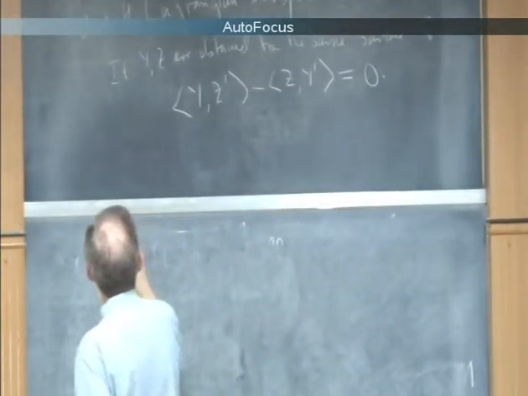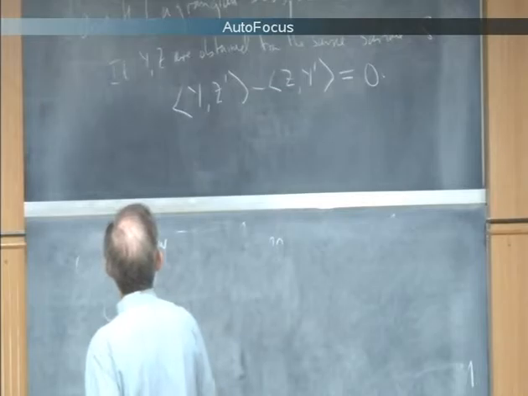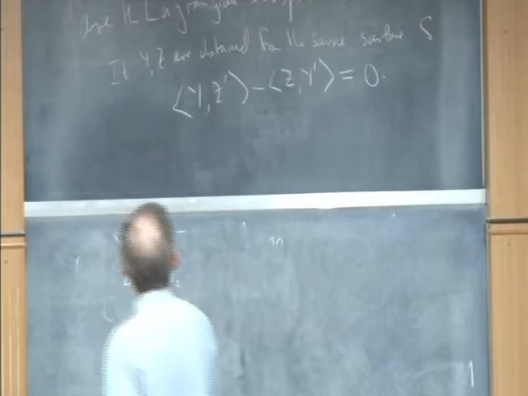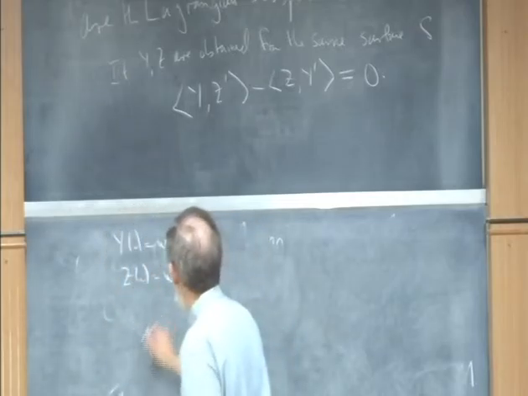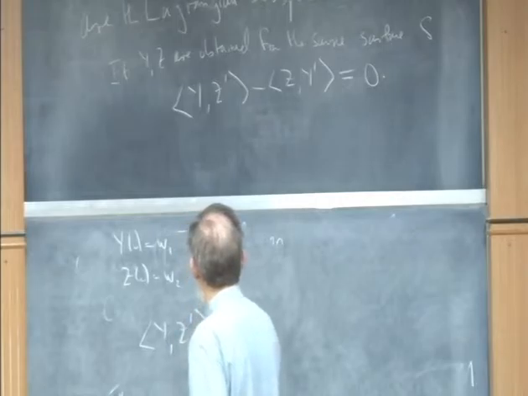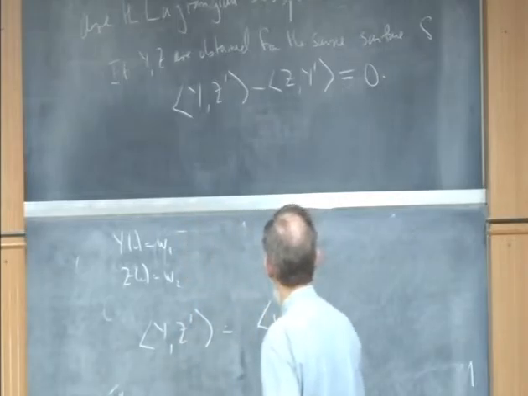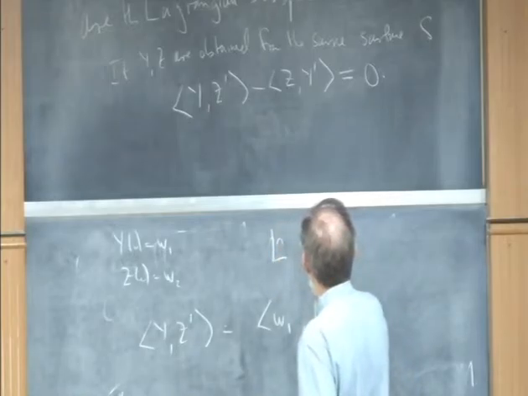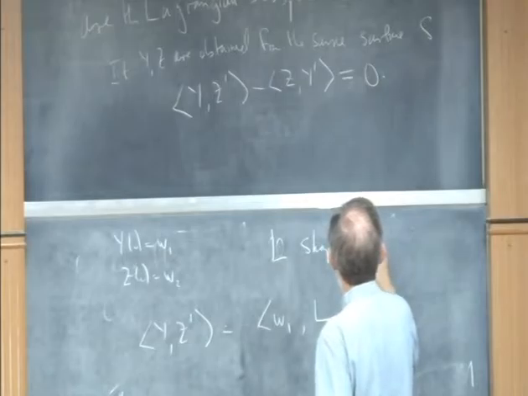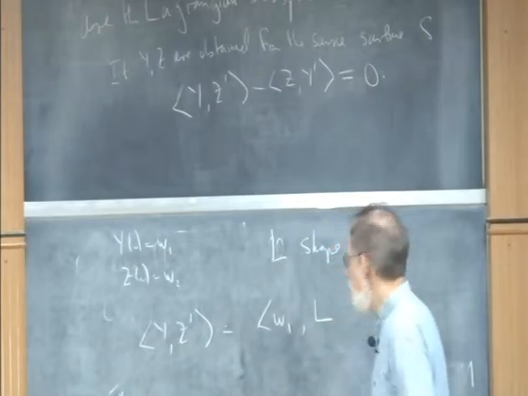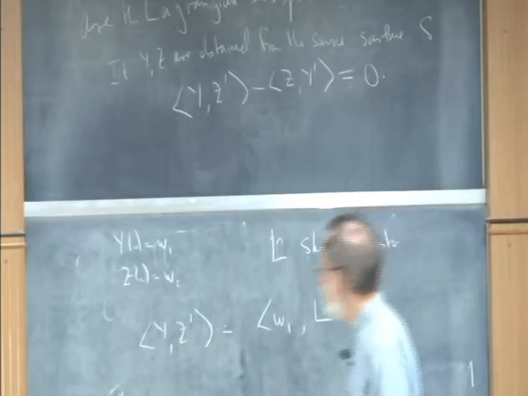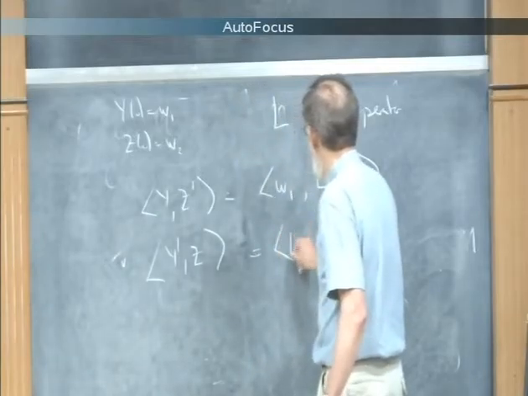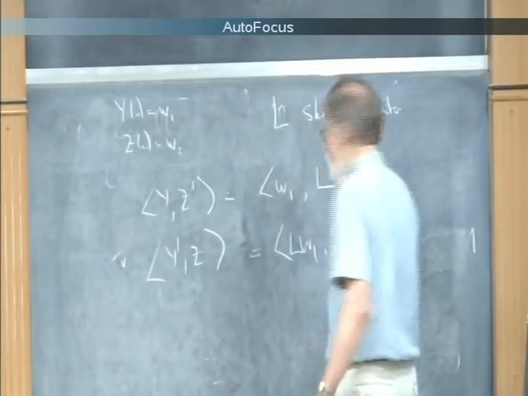Because if Y of 0 is W1, Z of 0 is W2, and L is the shape operator, Y Z prime is going to be L W2 times W1, and if I do Y prime Z, I've got L W1 times W2.